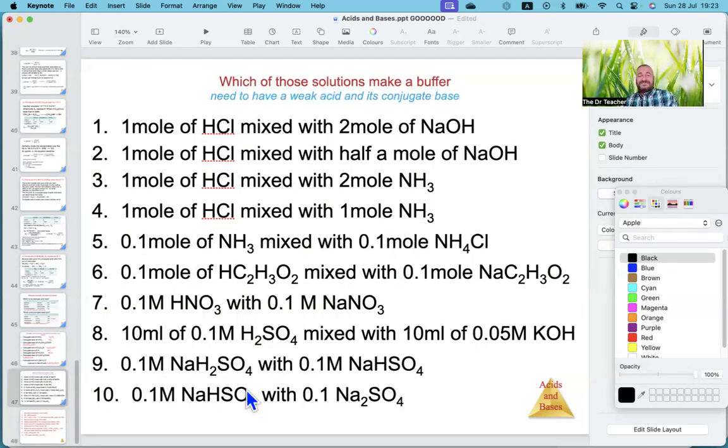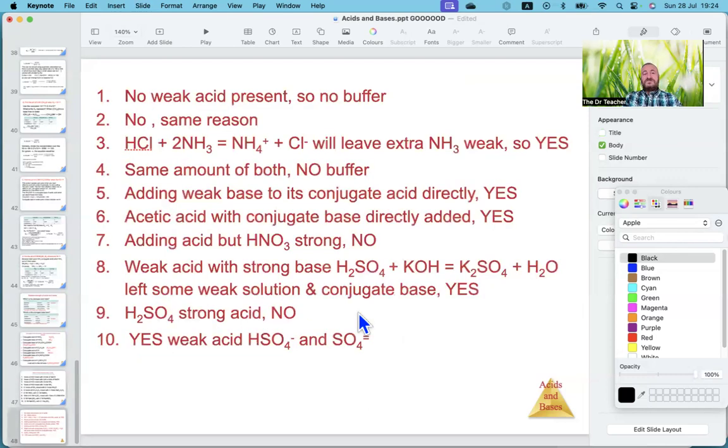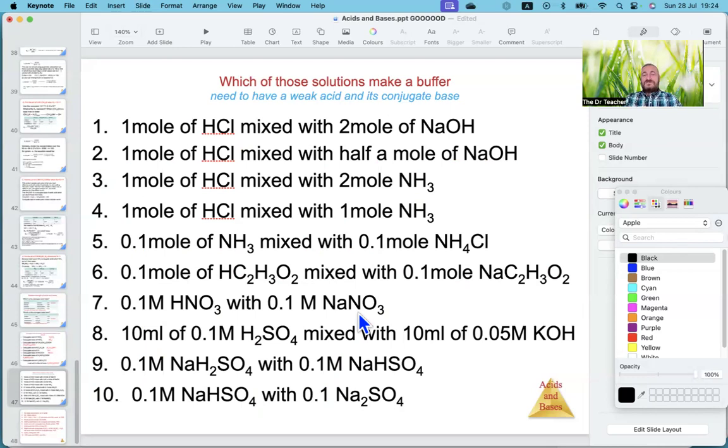Yes, that's weak. 0.1 mole HNO3 with NaNO3. So now do we have any weakness here? No, number 7. Everything is strong. HNO3 is strong, and this is the salt, you can see there is nothing weak.